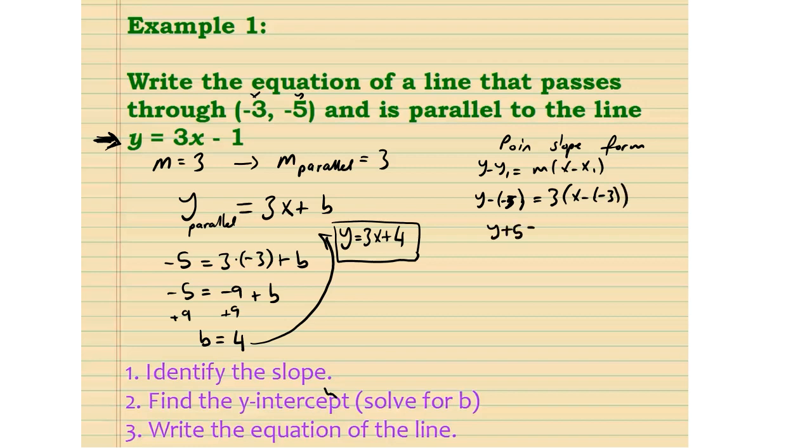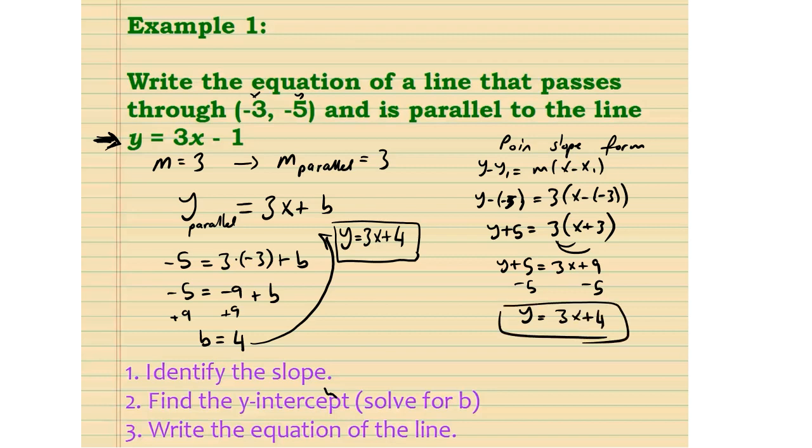Y plus 5 is equal to 3 times x plus 3, and due to distributive property, y plus 5 is equal to 3x plus 9. Subtract 5, y is equal to 3x plus 4. We found the same equation in either way. You can use the slope-intercept form or point slope form to find your equation.